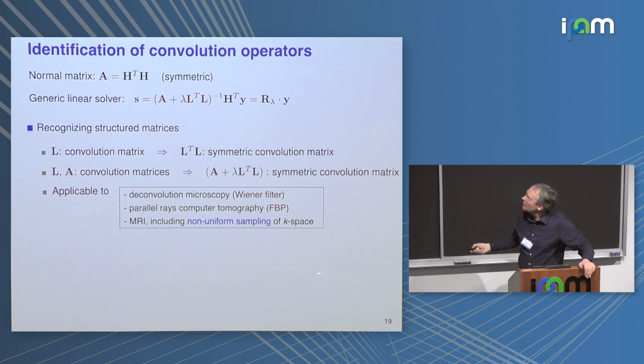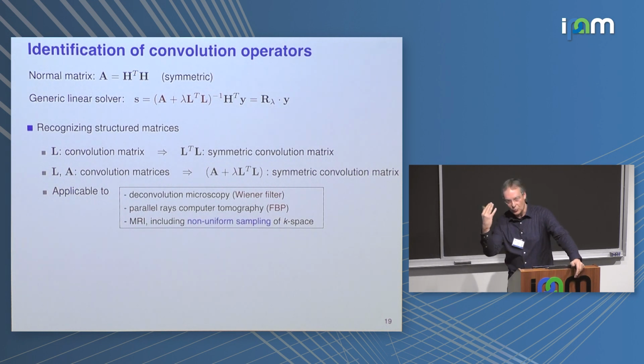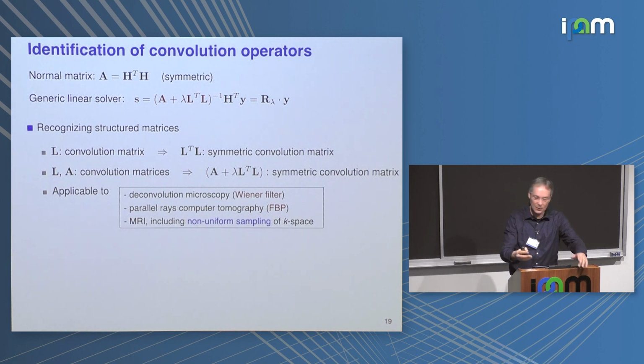a convolution. But maybe what you may not know, that if you have a Radon transform, actually the projection in tomography with parallel rays followed by the adjoint, this is also a convolution. That's the reason why you have filtered back projection.